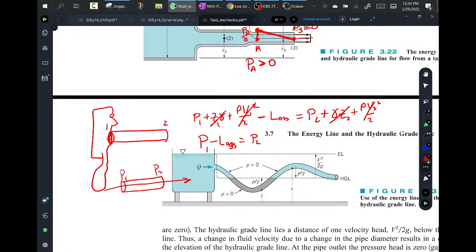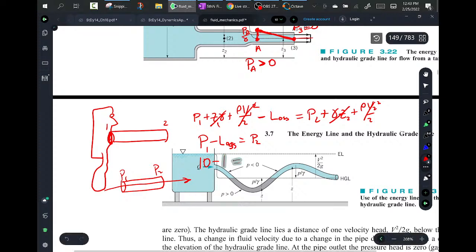So this means P1 could be, say, 10 minus 1 psi. In this particular case, you'd have a 10 psi loss to get to 0 because this is the exit pressure.